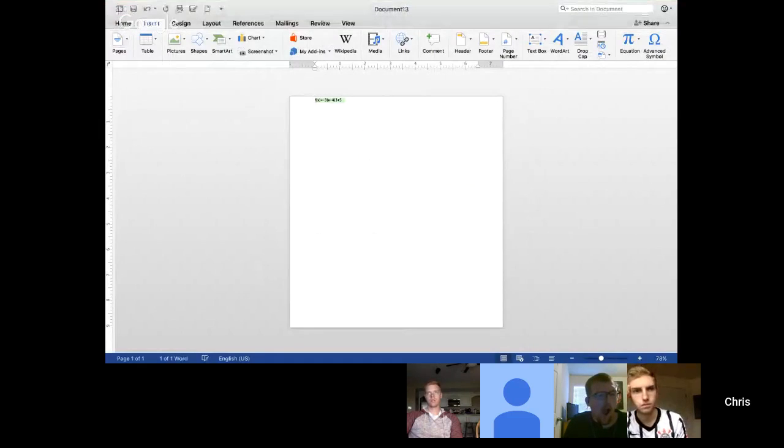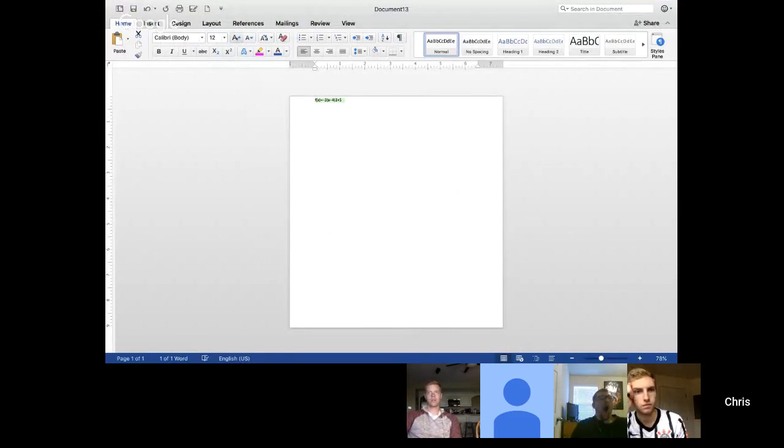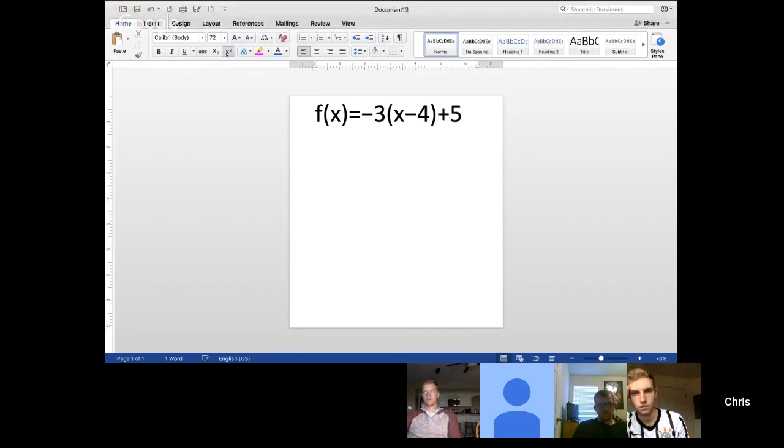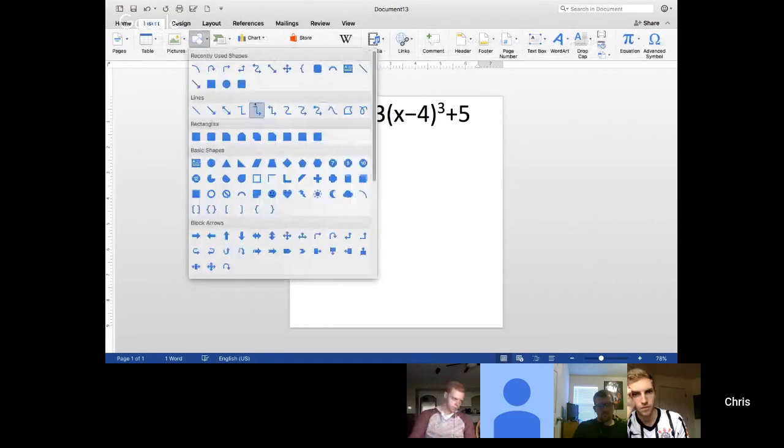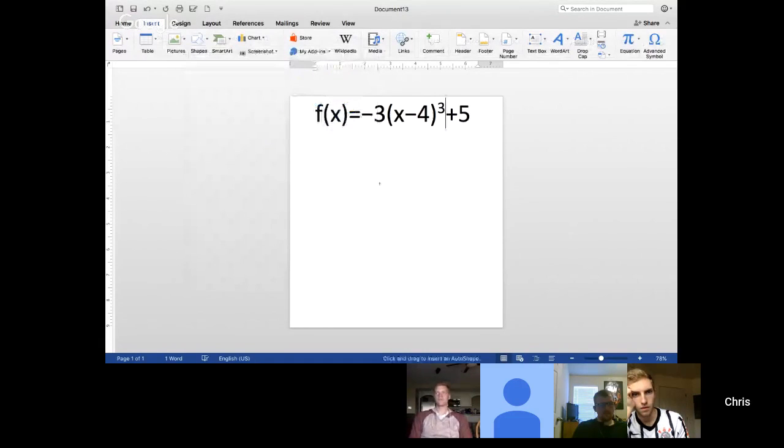So this is what we have to graph today. And remember that x minus 4 is cubed, not 3 plus 5. I don't know why it does that, but it tends to do that for some reason.